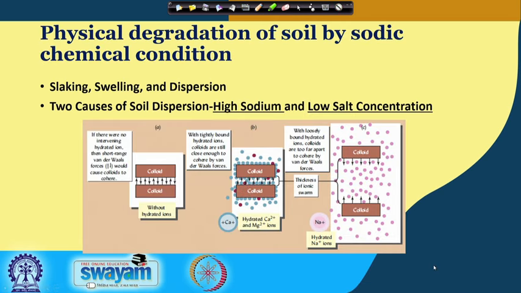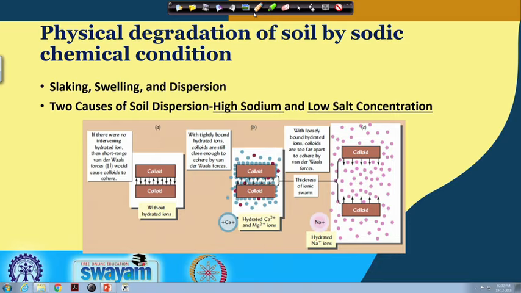Now, why do these sodic soils create physical degradation? When the exchange complex is dominated by sodium, they create slaking, swelling and dispersion. There are two causes of soil dispersion. One is high sodium and low salt concentration.